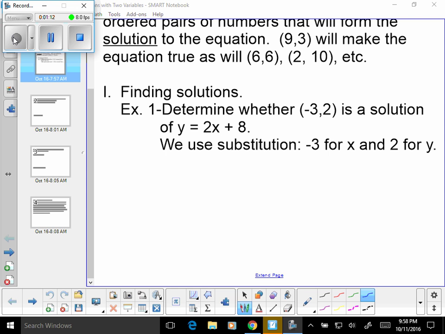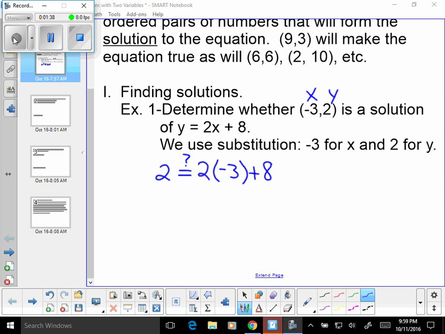You need to remember that the x coordinate is negative 3 and the y coordinate is the 2. So we substitute the 2 for y. We are not sure if it's going to work, so we are going to put a question mark above the equal sign. Then we substitute for x.